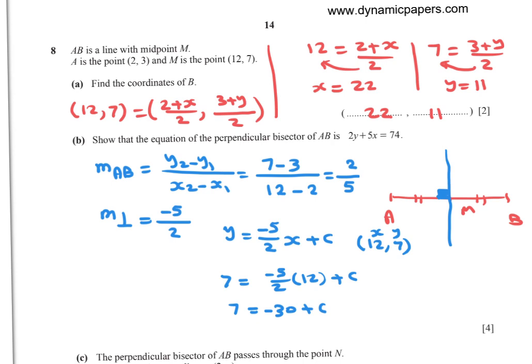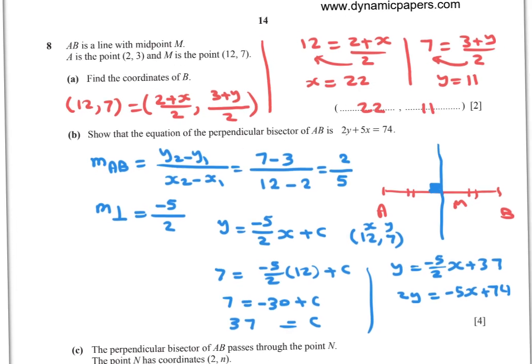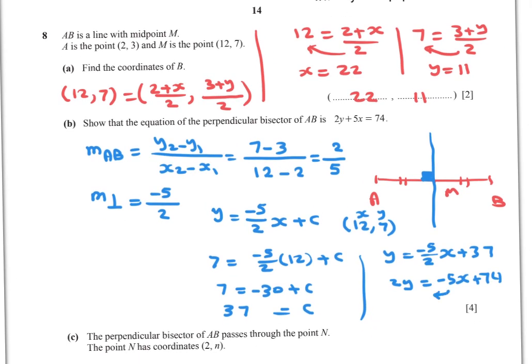So c equals 37. Now the equation of the line is y equals negative 5 over 2 x plus 37. Multiply by 2: 2y equals negative 5x plus 74. The last step, transpose negative 5x to the other side. Now you have 2y plus 5x equals 74.